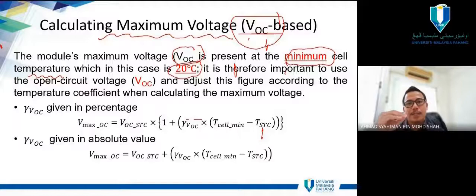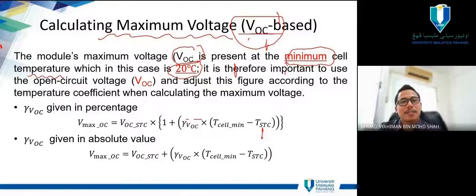If the temperature gets higher, the output voltage will degrade. The current slightly increases, but the voltage itself will significantly decrease. Once the voltage decreases, the power itself will decrease also, meaning the performance will drop.